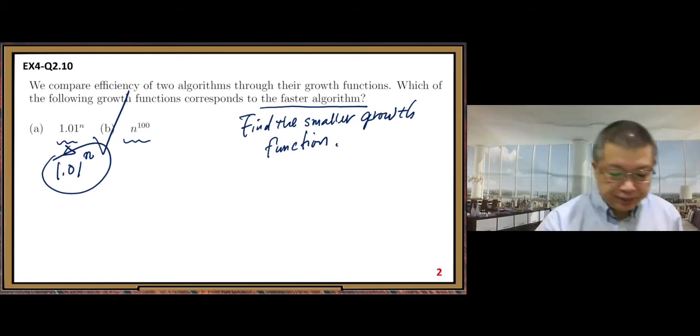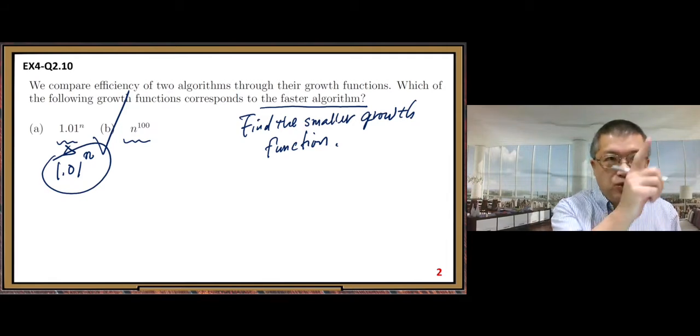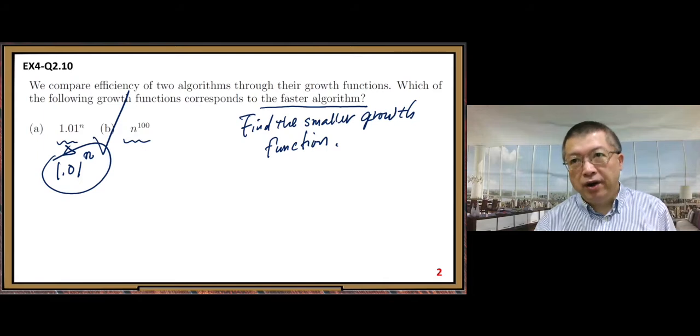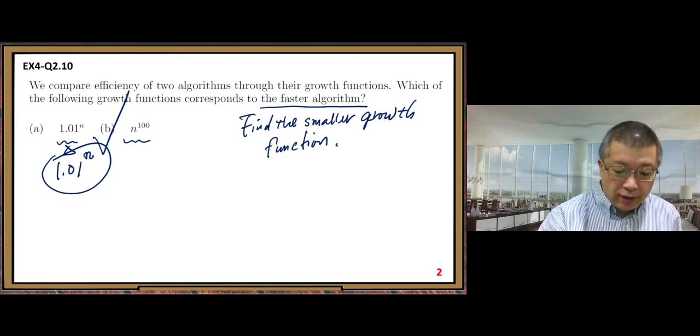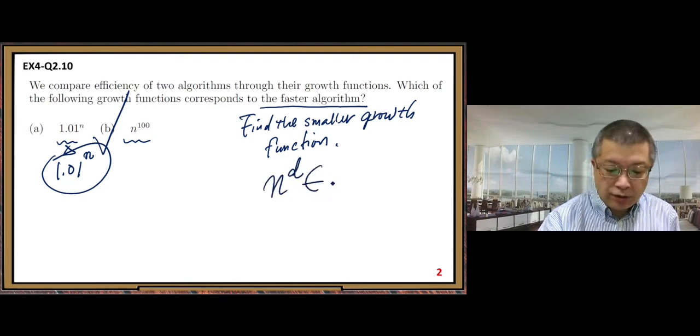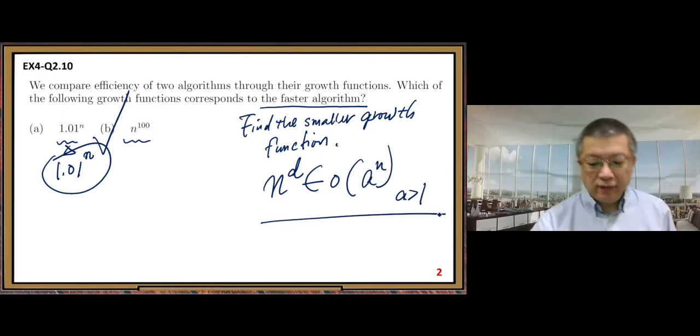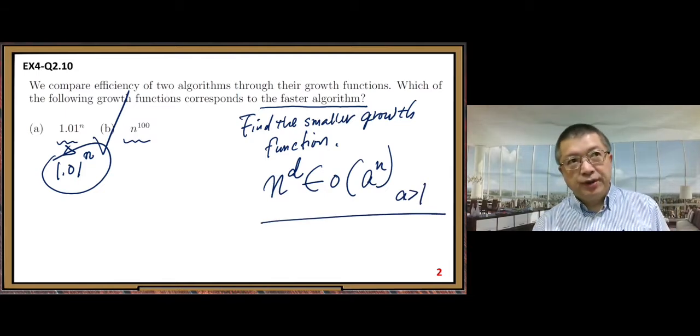All right, so let me remind you of one example we learned in part C. We learned that n to the dth power belongs to little o of a to the n with a greater than 1. Do you still remember this?